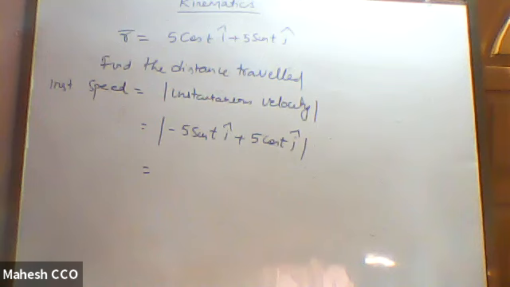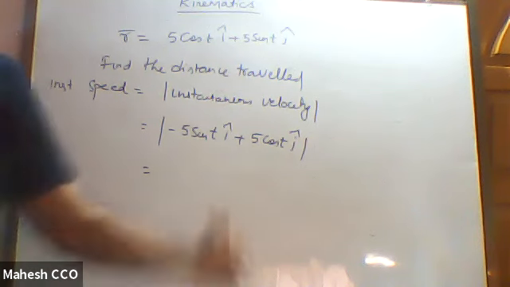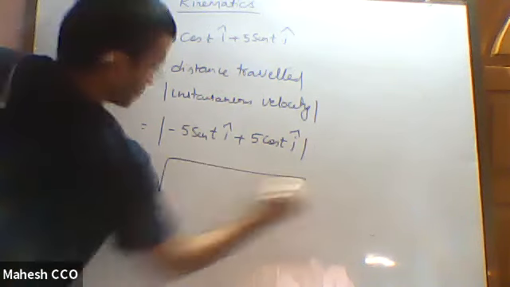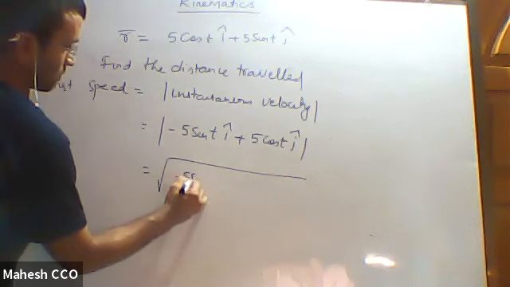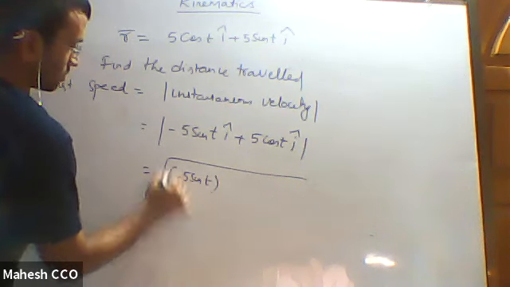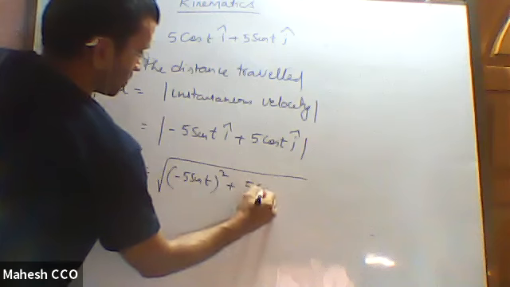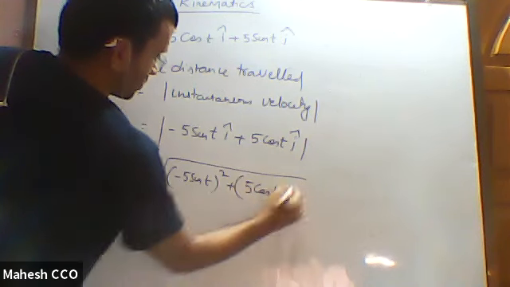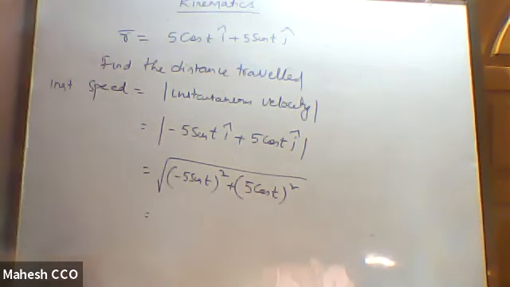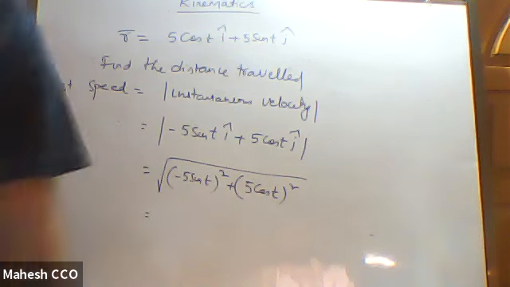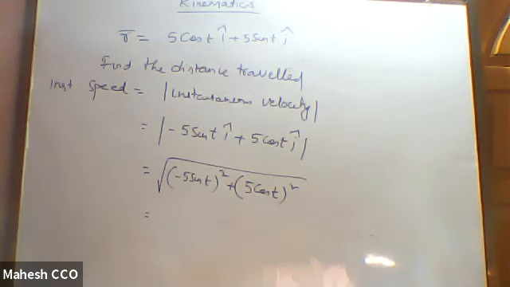Now if I have to write its magnitude, it will be under root of minus 5 sin t whole square plus 5 cos t whole square.